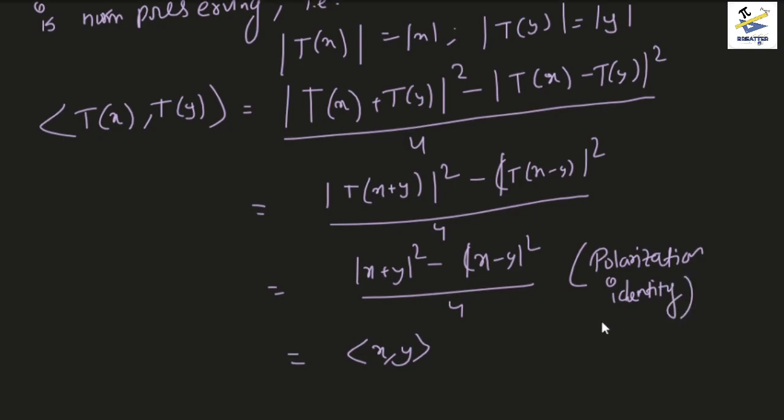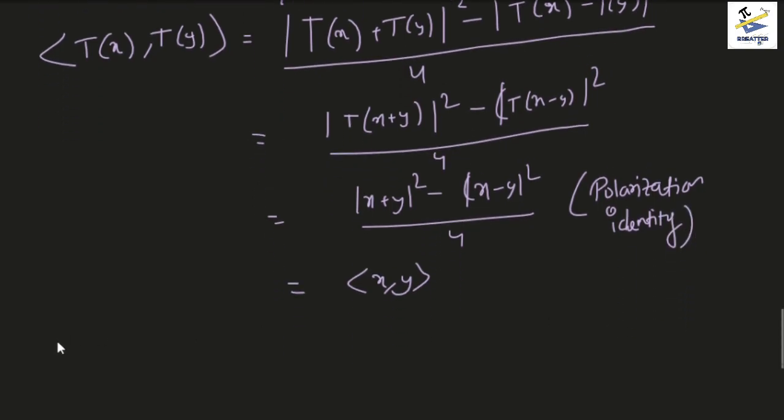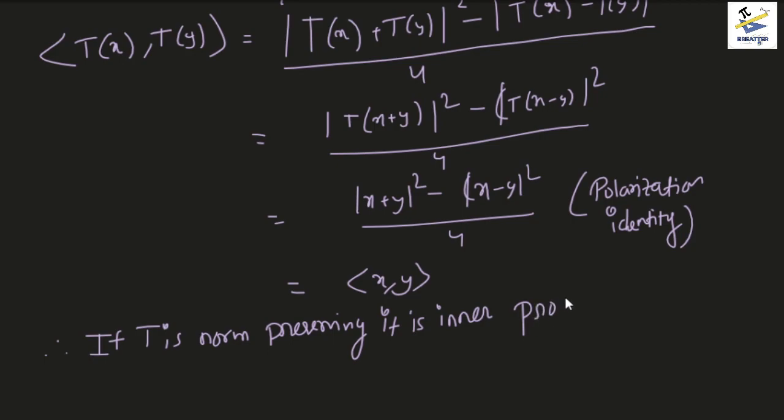Therefore, if T is norm preserving, it is inner product preserving. Well, that part is proved.